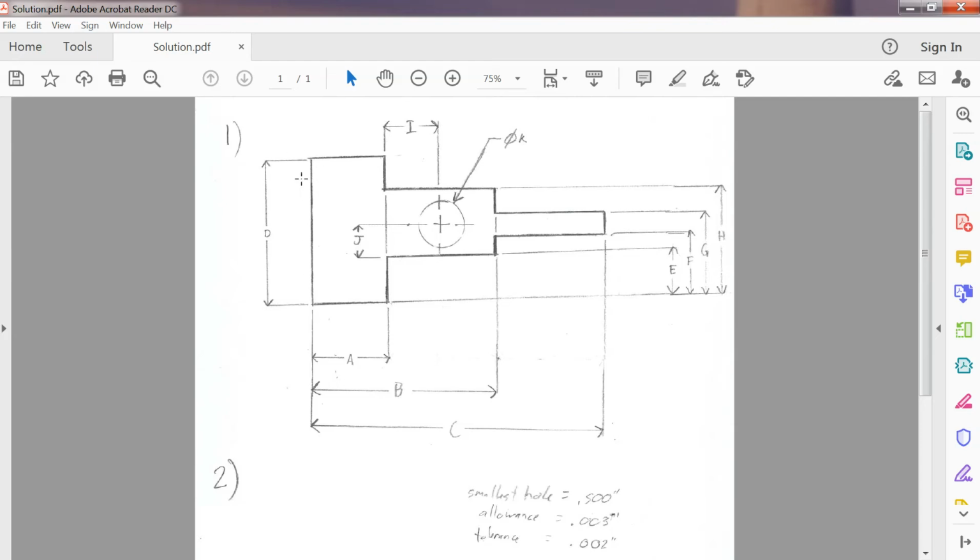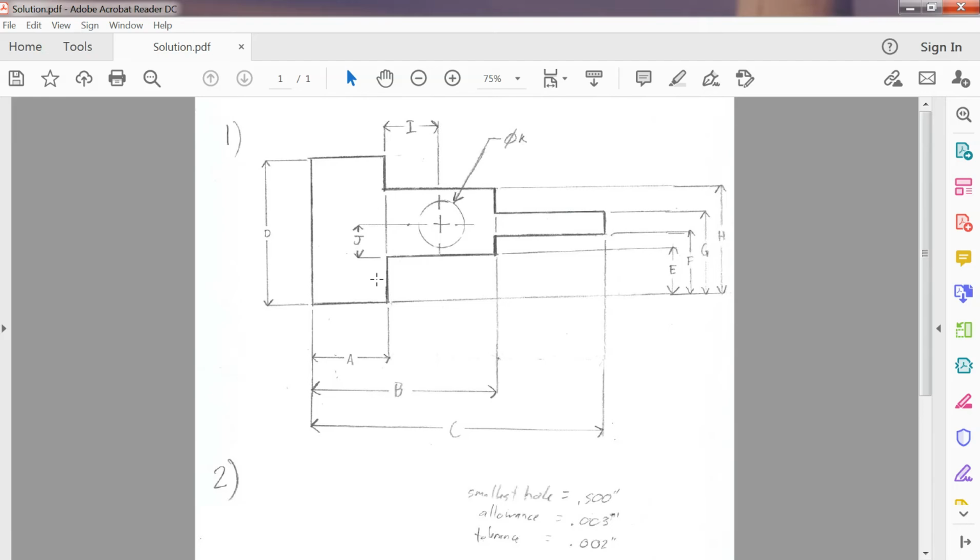For the horizontal ones, we give every dimension from the left edge, and we need 1, 2, and 3 dimensions to fully define all the necessary horizontal lengths. For example, if we want the length of this portion of the object, we know that it's C minus B.